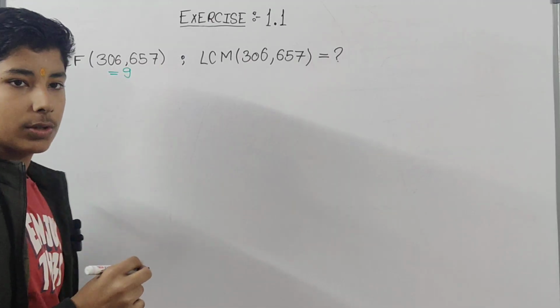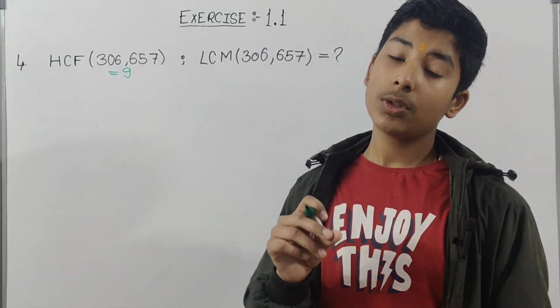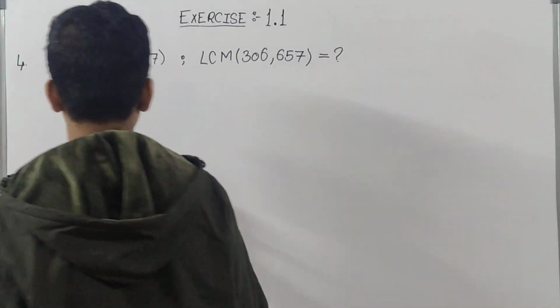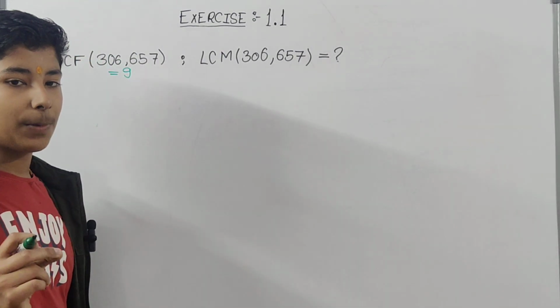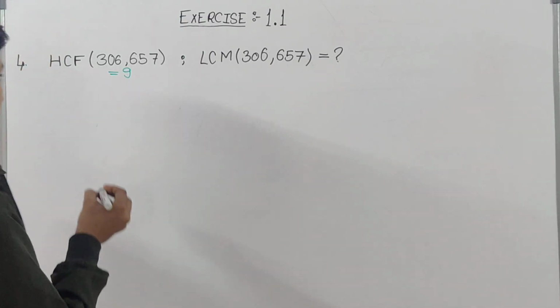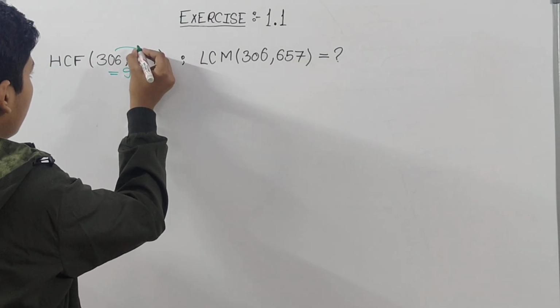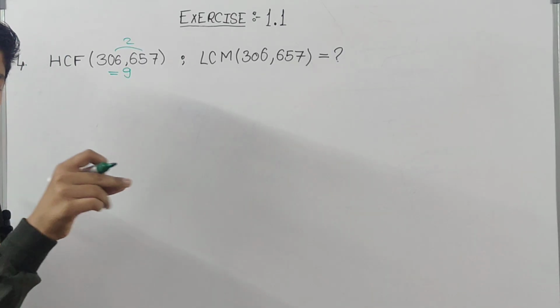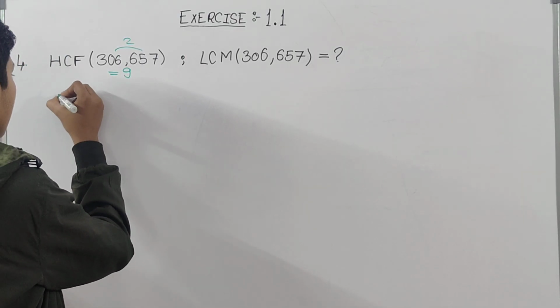So we all know that the product of HCF and LCM is equal to the product of the numbers. This property can only be applied when there are two numbers, and here there are only two numbers. So we will use that property.